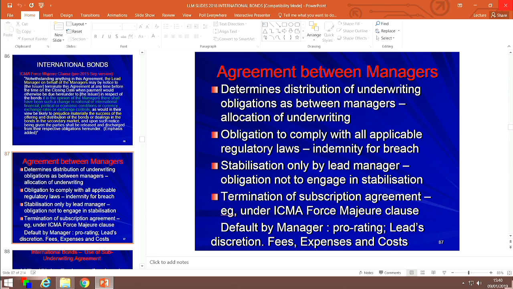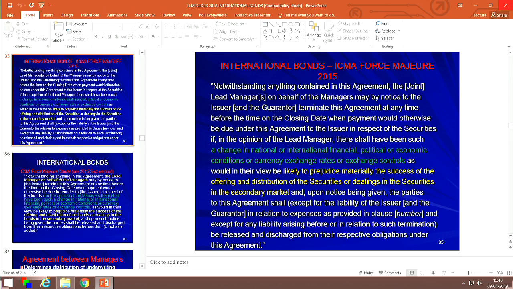Now, if you look at the force majeure clause carefully, you'll see that, in fact, the right is the joint lead manager manages on behalf of the managers may by notice to the issuer terminate. It's a right which is with the underwriters, which the lead manager exercises on their behalf. That is as far as the issuer is concerned.